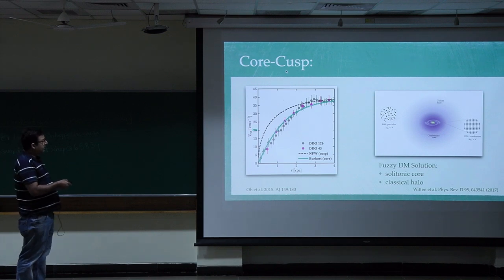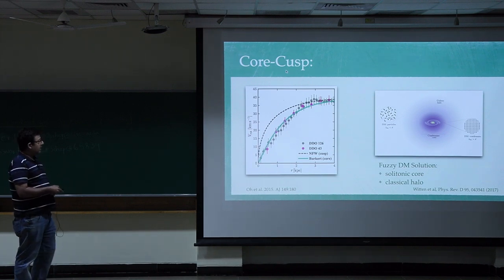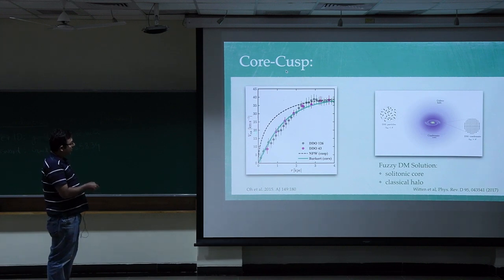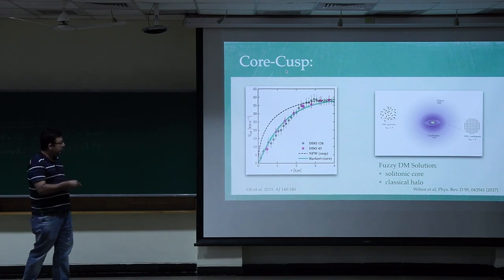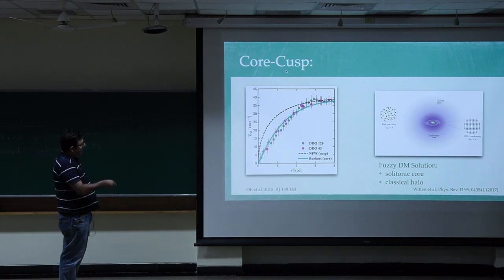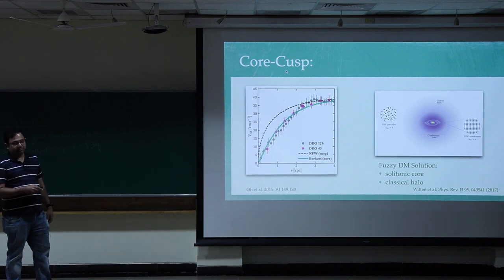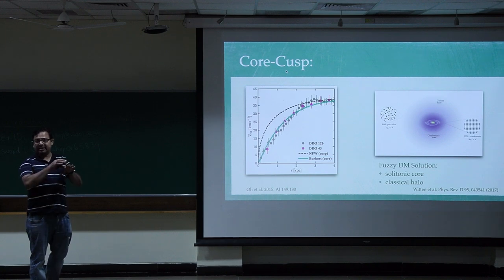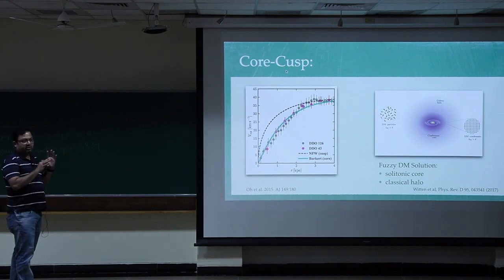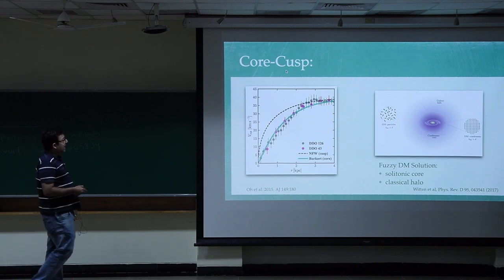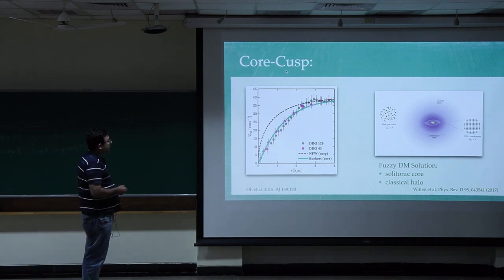But in many of them, you see a core behavior, which is what you are seeing here in this observed rotation curve, where the rotation velocity follows a more core-like density profile than an NFW profile, which is a cusp profile. There are many observations, but there is also a variation of this core, which is also an unresolved problem. And there are many solutions to this.